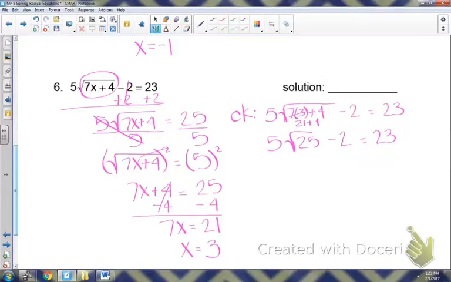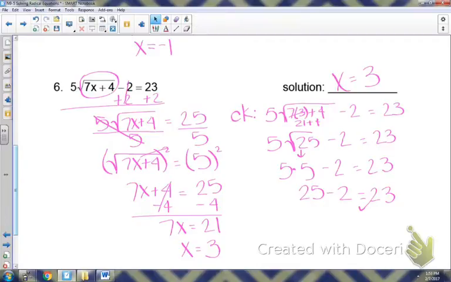So the square root of 25 is 5, but we have to multiply it by 5 in front. So you would get 25 minus 2 equals 23. So that works. So correct solution would be x equals 3.